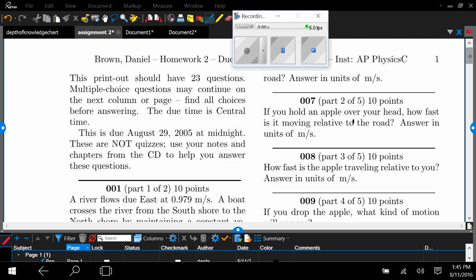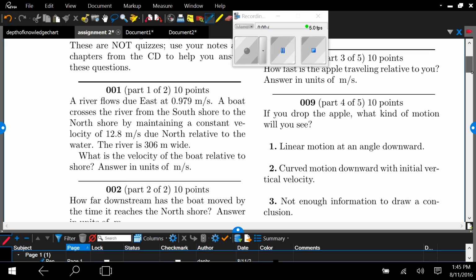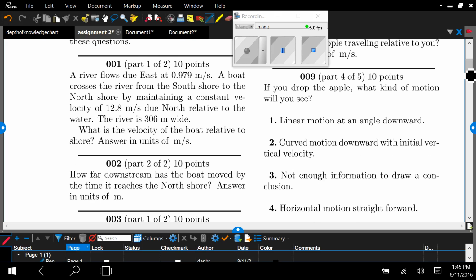Let's jump in and take a look at the first several problems, which are often called riverboat problems or river flowing problems. They're largely problems about some sort of a triangle. This first one has a triangle that revolves around two different sets of units. We can see right here in the problem that we have meters per second and we have meters.